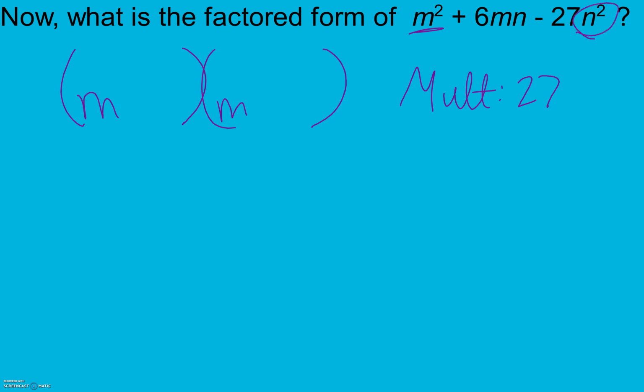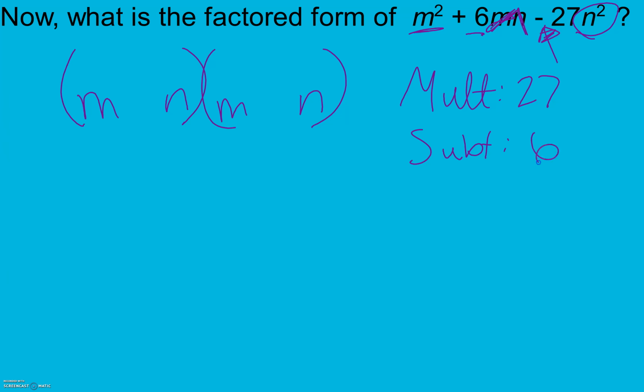But the only way we can multiply to n squared is by taking an n times an n in order to get 1 in the middle. Just like how my m squared is m times m, and that gives me just a single degree 1 m in my middle term, same thing with my n's. So 1 has to go in each binomial in order for our outsides and insides to both have just a degree 1 n.